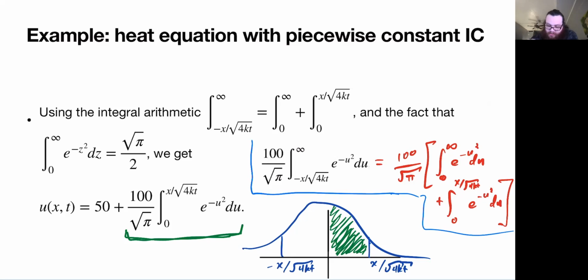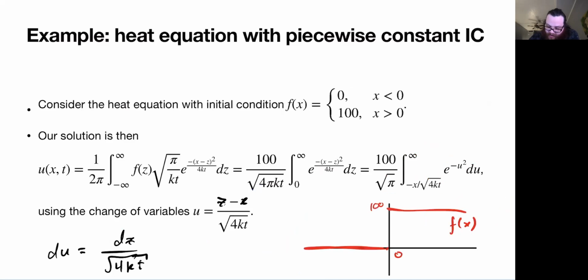Right, so what else can we reason? If we go back to this picture, this is the initial temperature distribution. At time 1, you might get something like that.